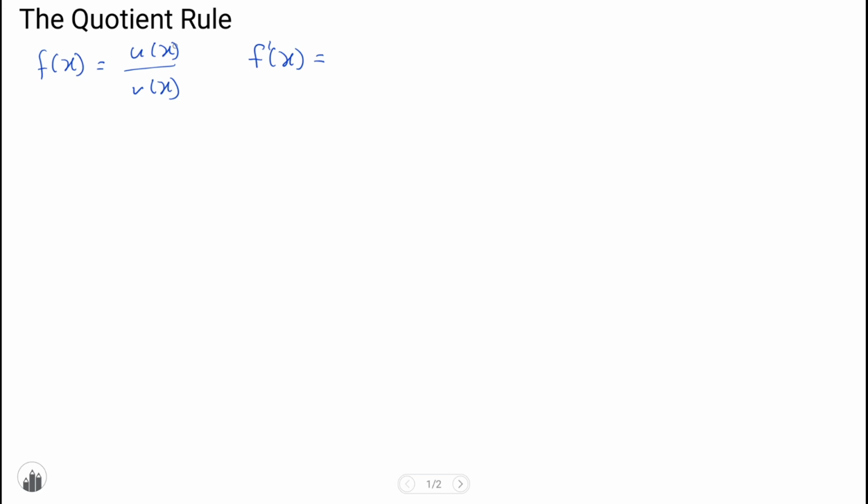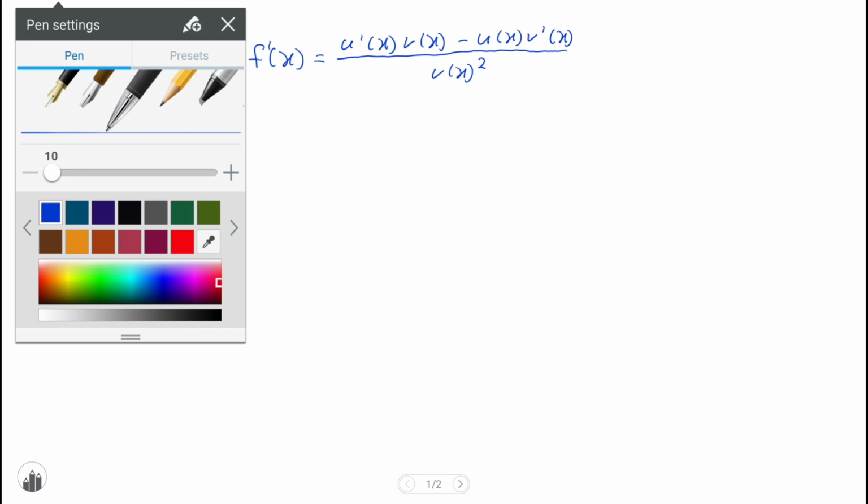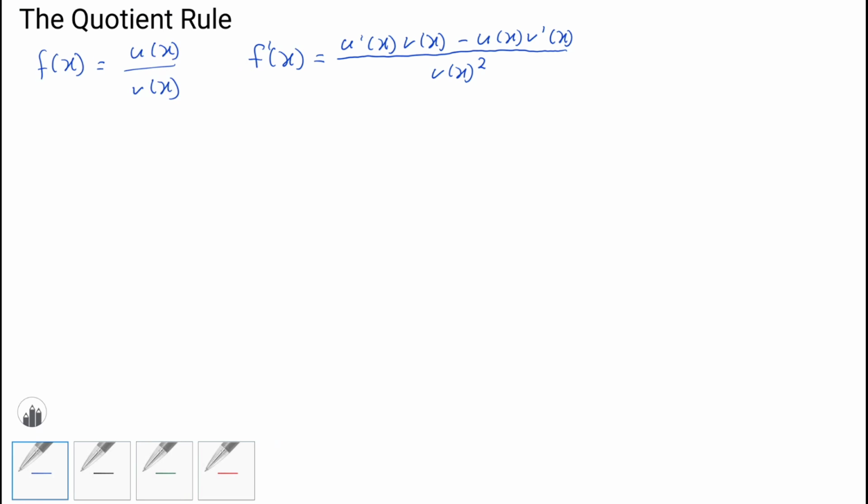You've got the derivative of u of x, which we call u dash, times the original function v of x, minus u of x times v dash of x. We take all of this and divide it by v of x all squared. And so this is the actual formula to find the derivative of our original function of x.